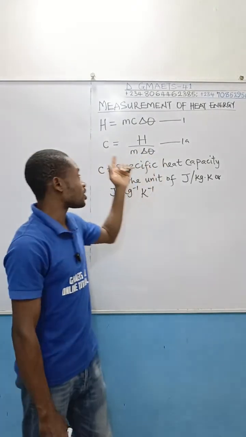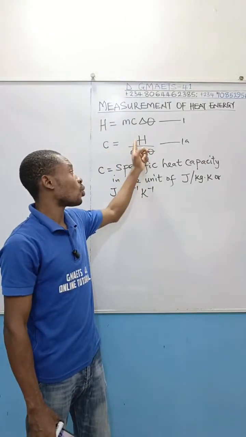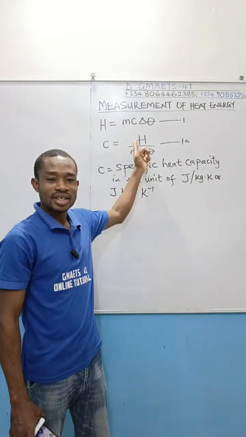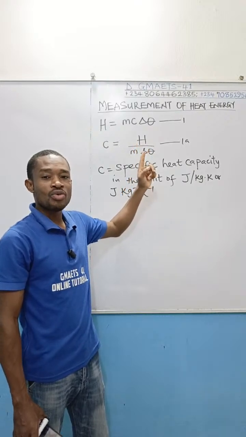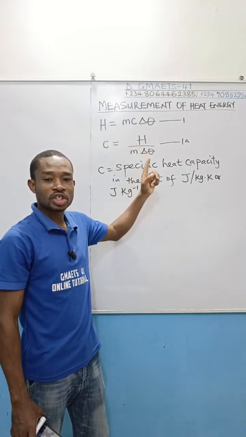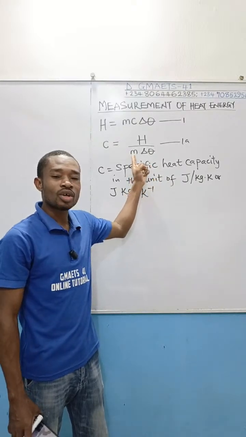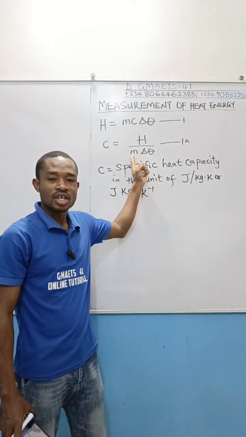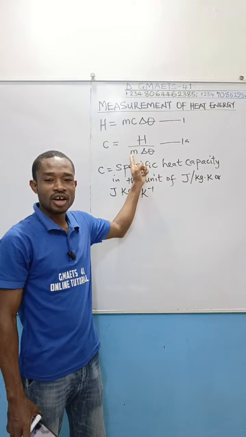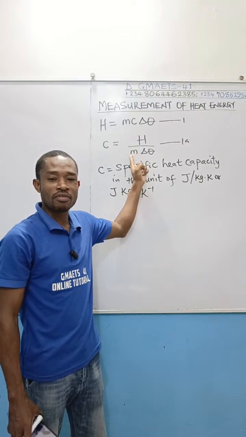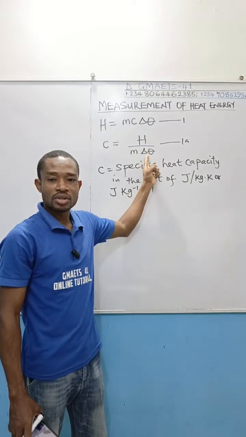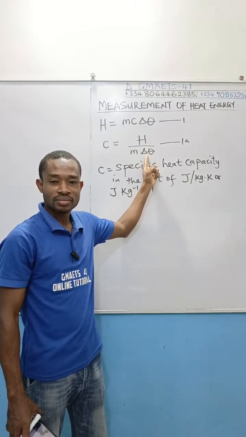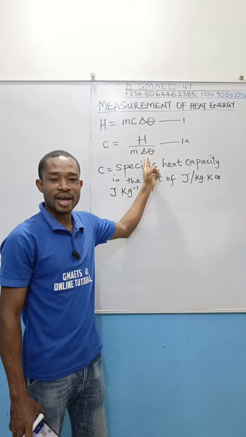So we define specific heat capacity as the quantity of heat required to raise the temperature of 1 kilogram of that substance through 1 Kelvin. That is through 1 degree rise in temperature.